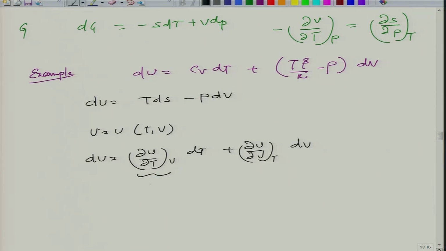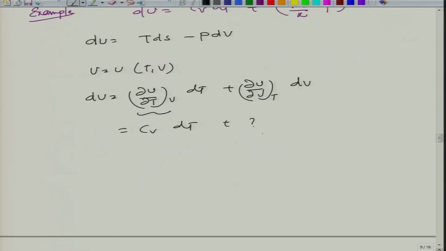We know this first term is Cv dT, but what about this? Let us try to derive this (∂U/∂V) expression.